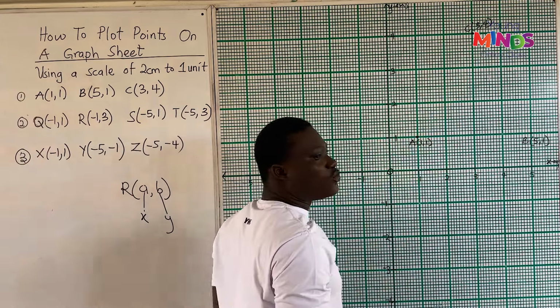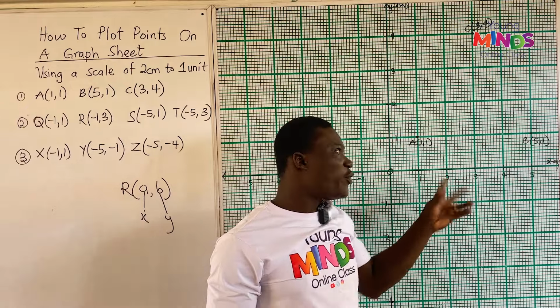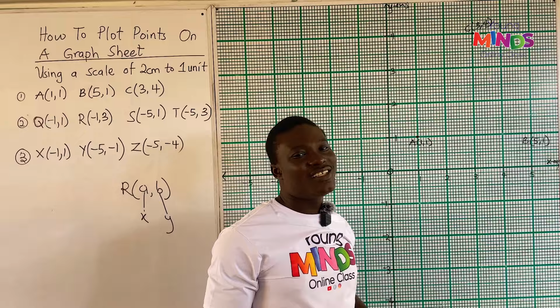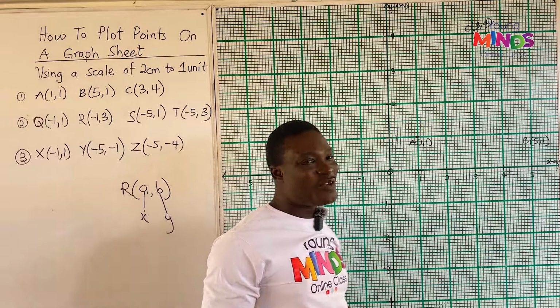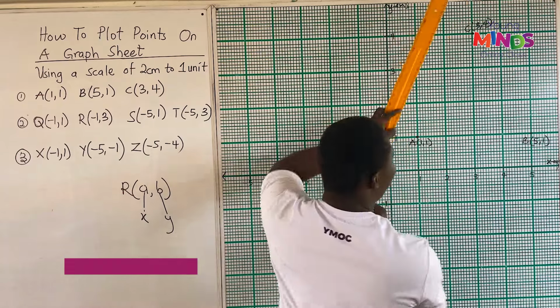So this is how to plot a point on a graph sheet. Let us join the points and it will form an image. After joining the points, you guess the image that will be formed. Okay, so this is how we'll join it.